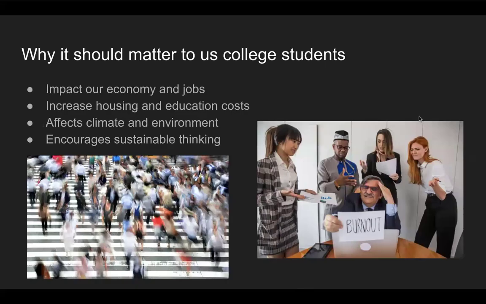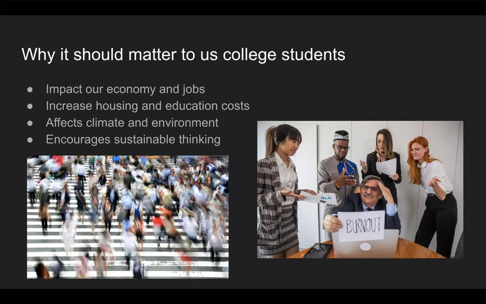To continue, why it should matter to us college students: it impacts our economy and jobs, increases housing and education costs, affects climate and environment. It also encourages sustainability thinking. As college students, we see signs of population growth around us all the time.